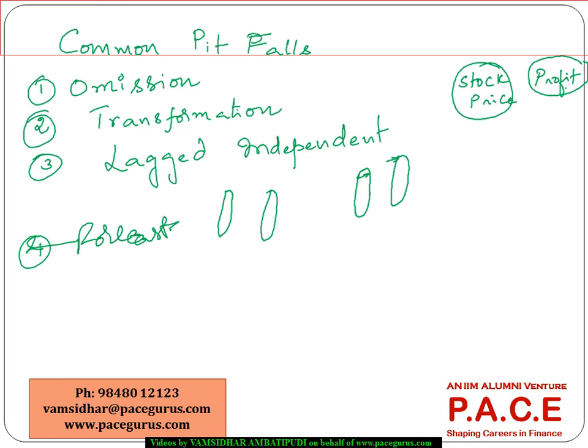Now, till now, whatever we have looked at is the scenario where the dependent variable was a scale variable like profit. It was a quantitative variable. But in some cases, we have dependent variables as qualitative variables, like, okay, do I need to give a loan to a person or not?